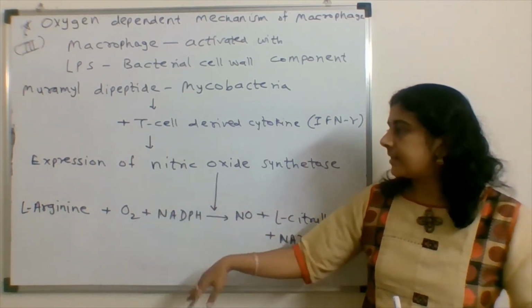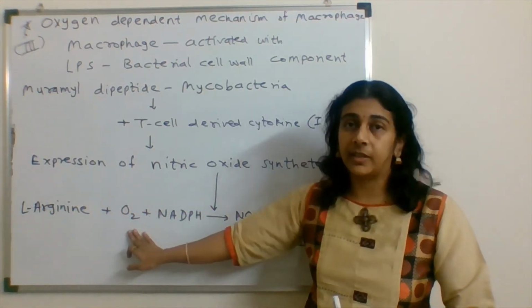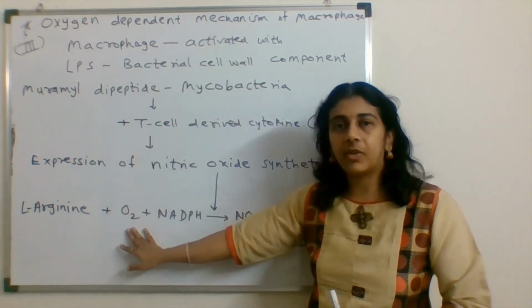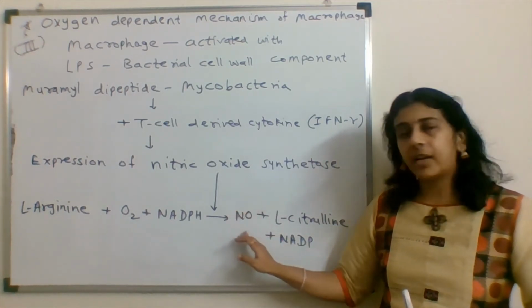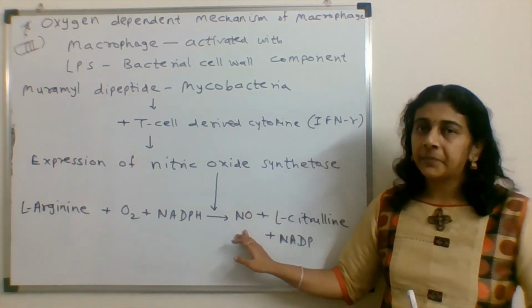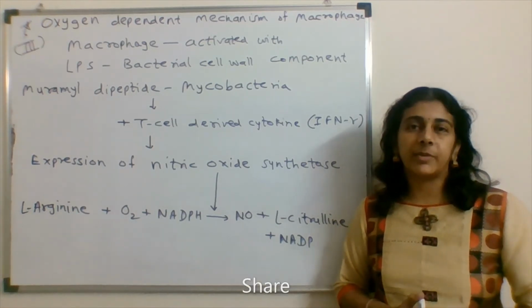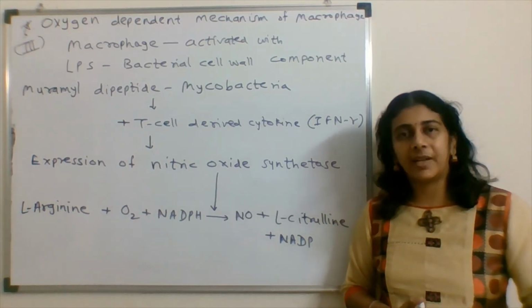This nitric oxide synthase converts L-arginine along with oxygen, as this is an oxygen dependent mechanism. So oxygen is involved, NADPH is there, and it forms nitric oxide. This nitric oxide is again a reactive nitrogen species and it is very harmful to the bacteria.